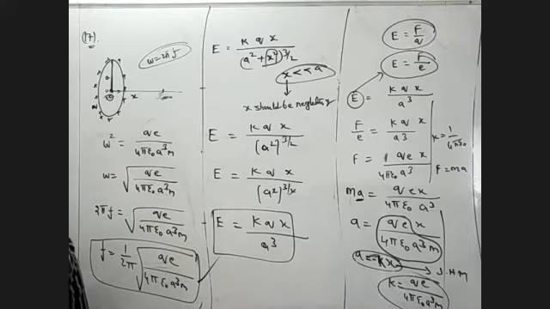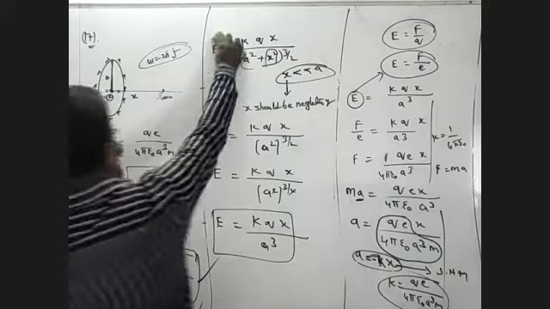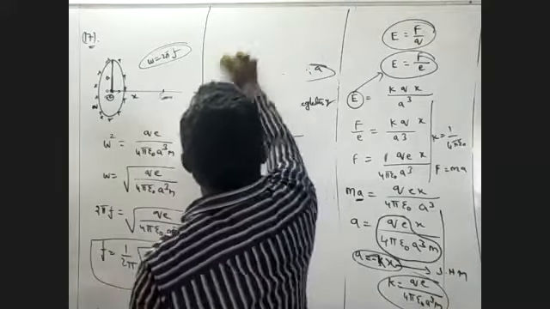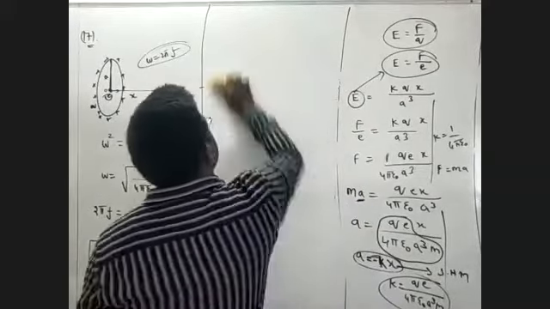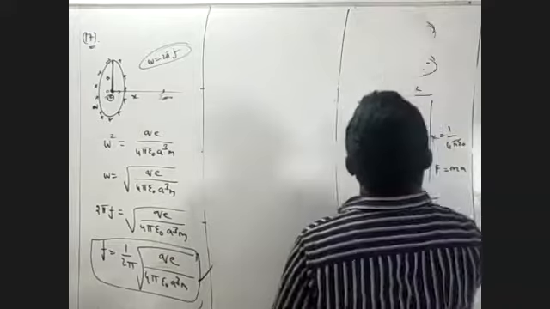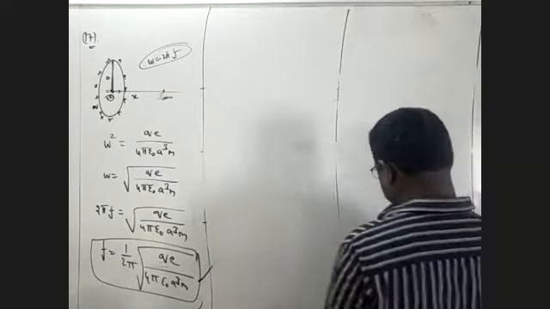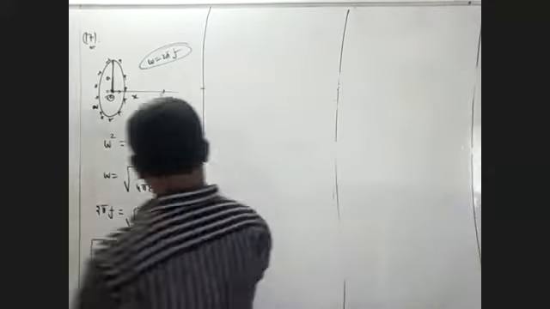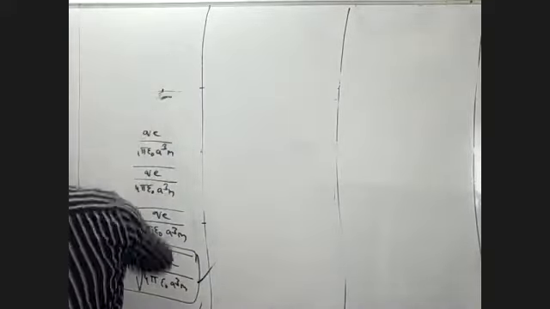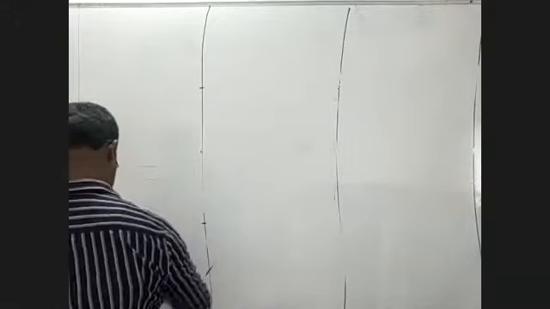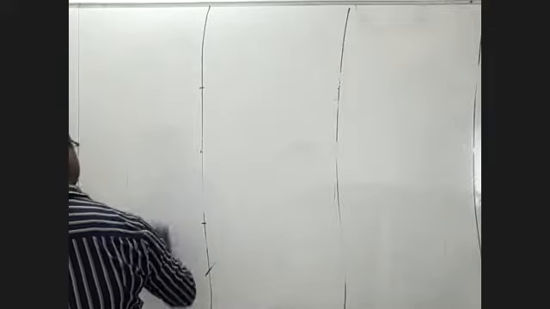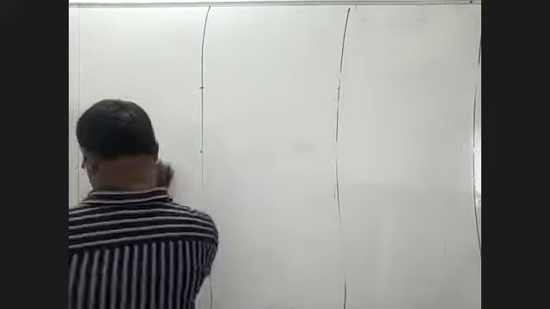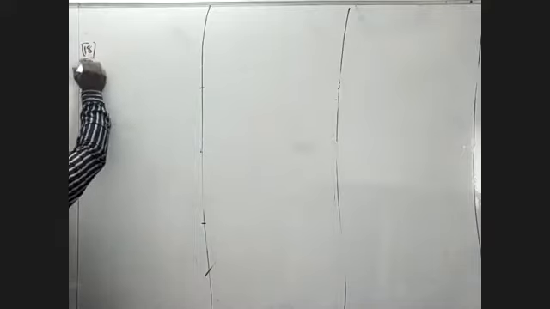So next question. Question number 18. What is given here?